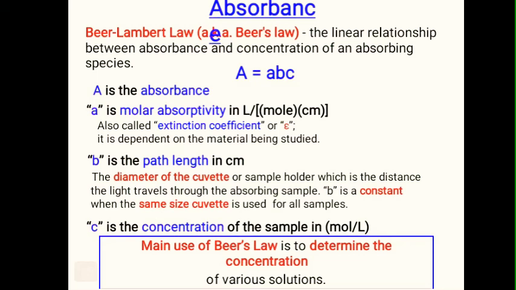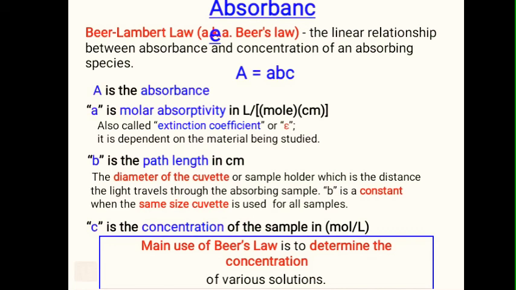A is the absorbance, small a is the molar absorptivity in L per mole centimeter, also called the extinction coefficient or epsilon. It is dependent on the material being studied.